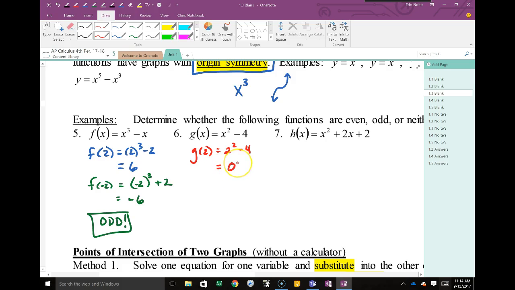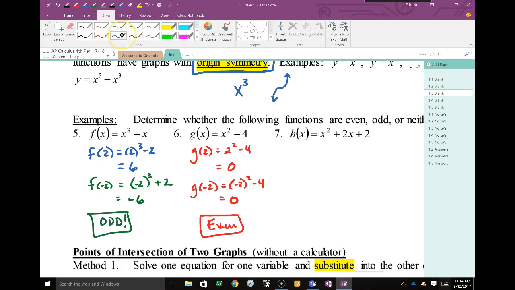Now if I plug in negative 2, what answer am I looking for? If it's symmetrical over the y, the same answer, right? So if I plug this in, I get 4 minus 4, which makes 0. And so I know that this is even.